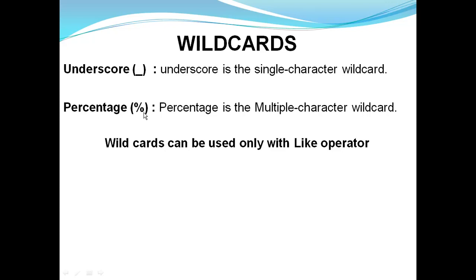Now percentage and underscore. Underscore is a single character wildcard. Means when we use the underscore, it should consider one character. That could be any character, but compulsorily one character. Percentage is called a multiple character wildcard.